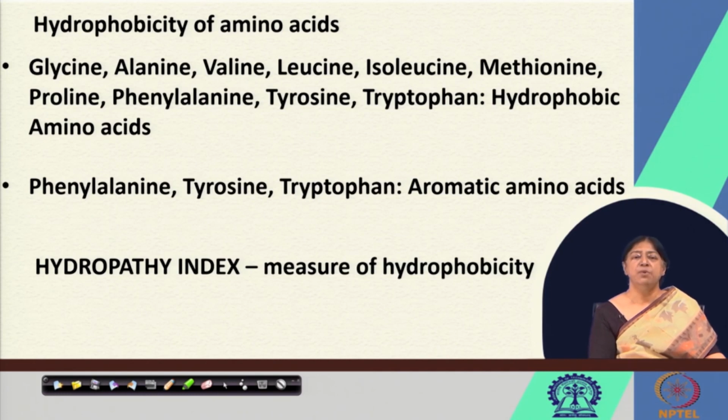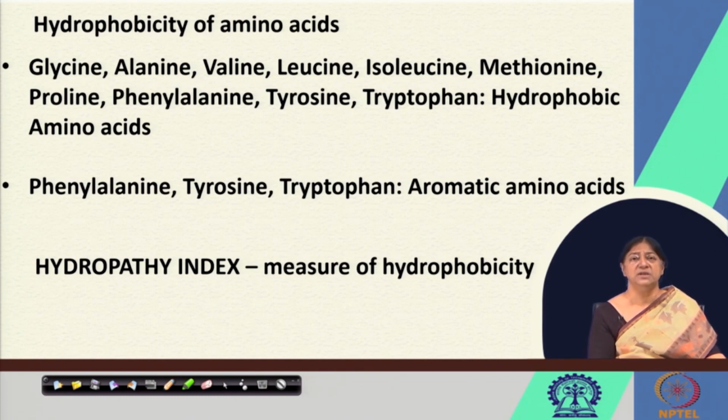The next very important property is the hydrophobicity of amino acids. This is extremely important in understanding where an amino acid is going to be comfortable in a folded protein, which we will understand as we go along.